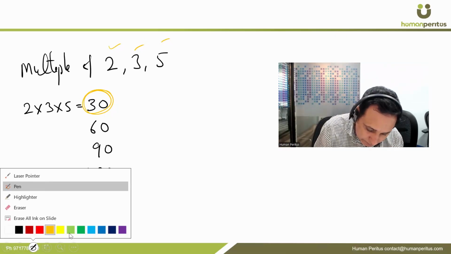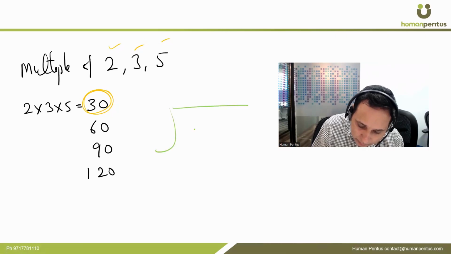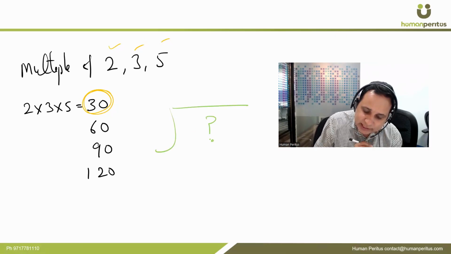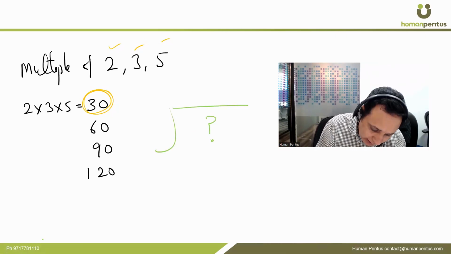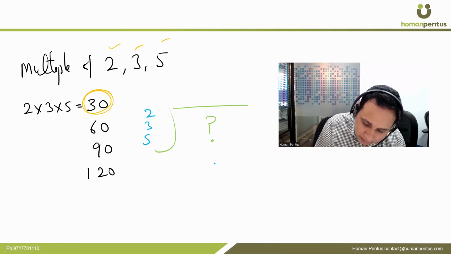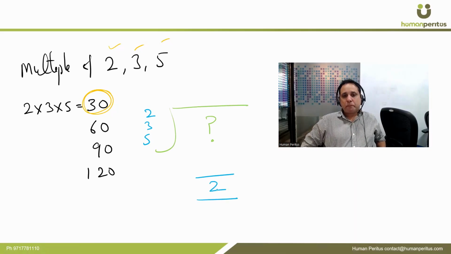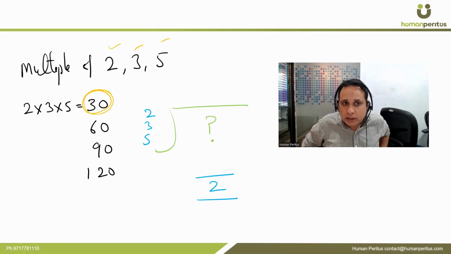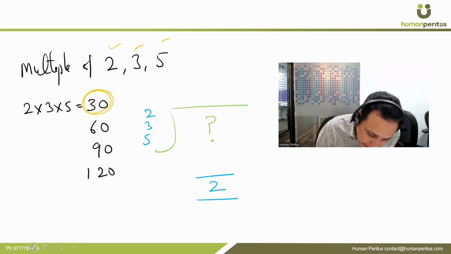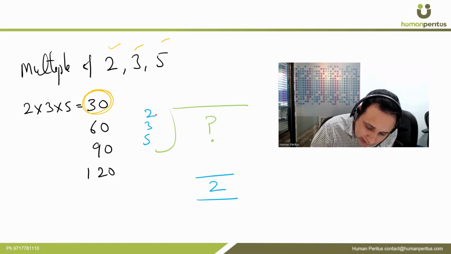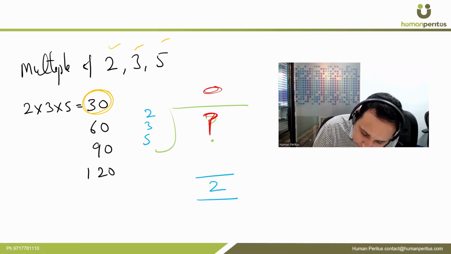give us a number over here, such that if I try to divide this number by either 2 or 3 or 5, I get remainder as maybe 2. How do we find this number? So guys, if I multiply this 2, 3, and 5 with something, I will get this multiple.